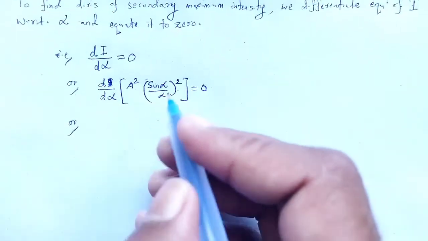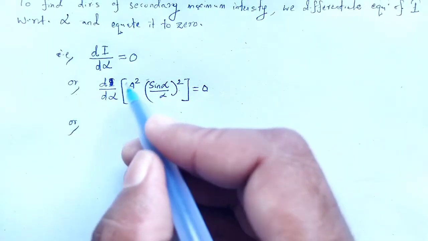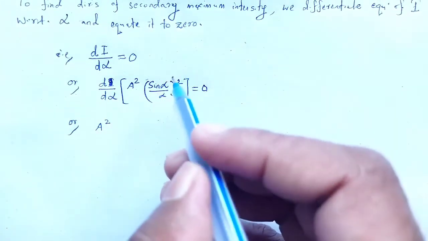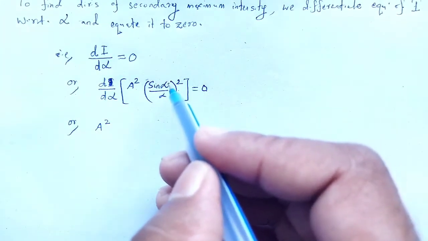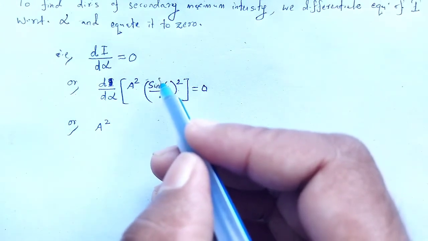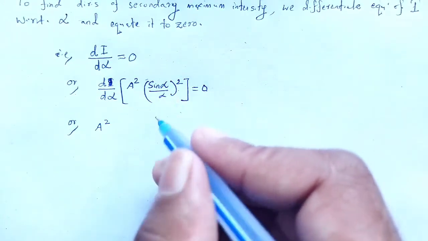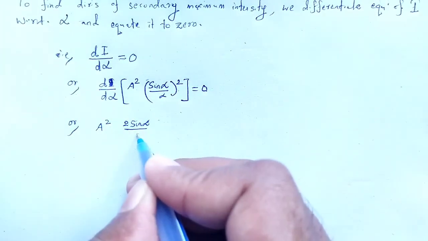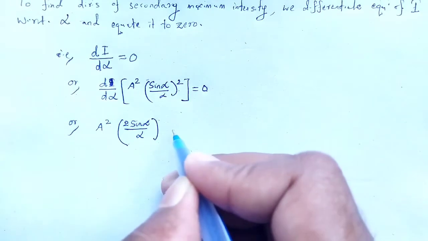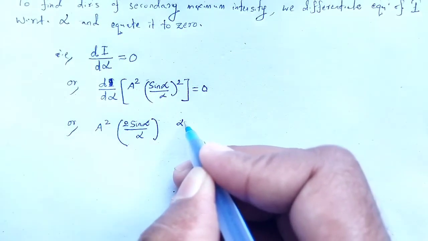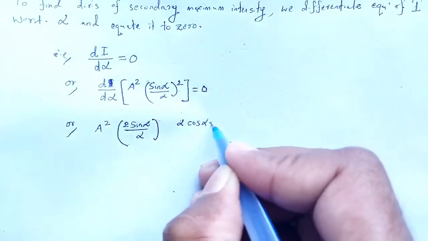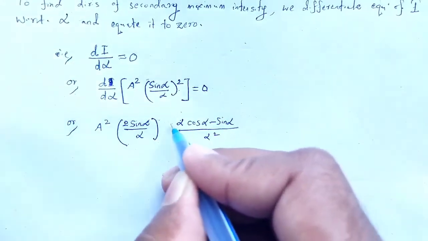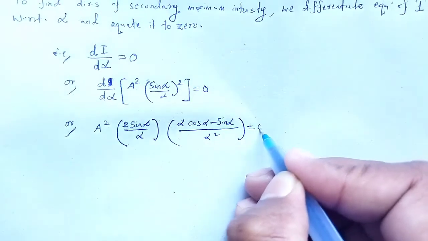It is a simple differentiation: a square is a constant, so it stays outside, and the rest is in the form of numerator and denominator. Therefore, we get 2 sin alpha by alpha times (alpha cos alpha minus sin alpha) divided by alpha square, equal to 0.